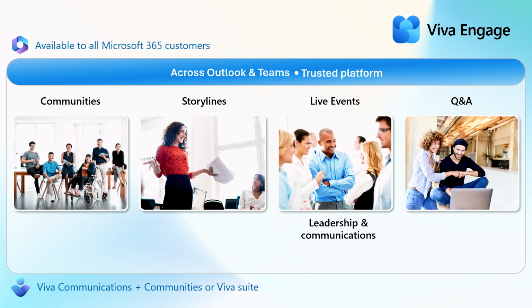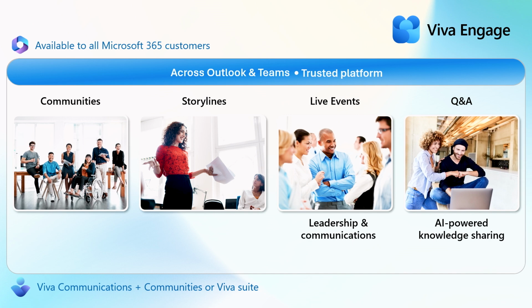But we're here today to talk about Viva and the connection and community solution. So what do you get when you get Viva? Adding in Viva gives you an experience tailored toward helping you supercharge your leadership and communication capabilities, including more Copilot to help you author posts.